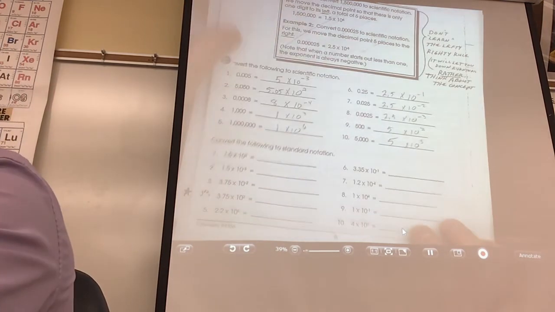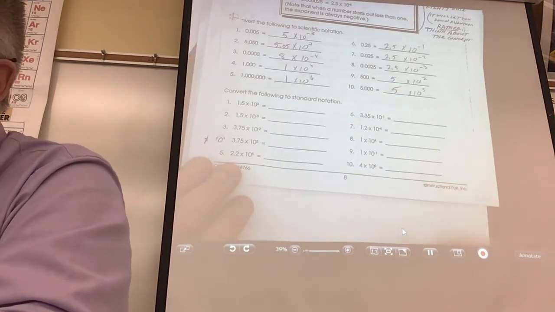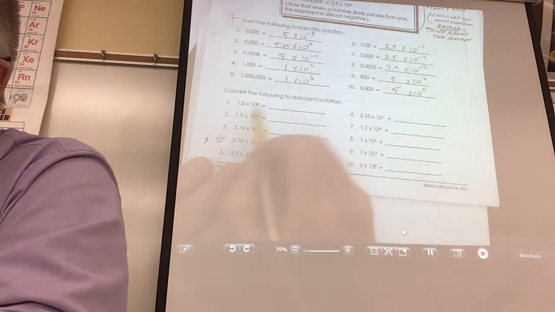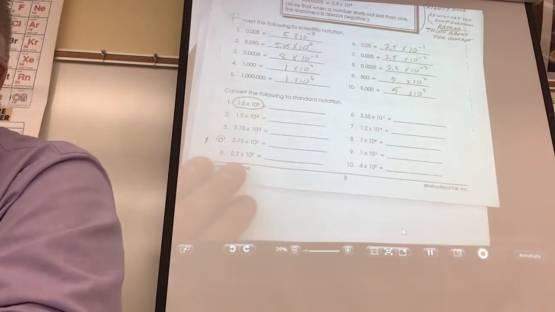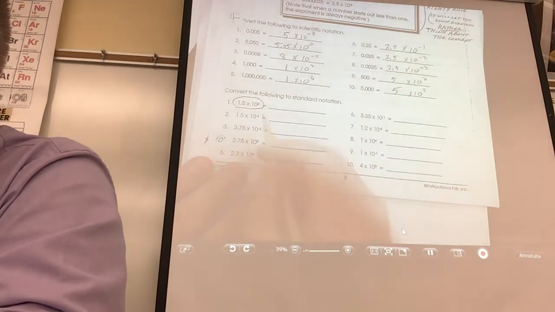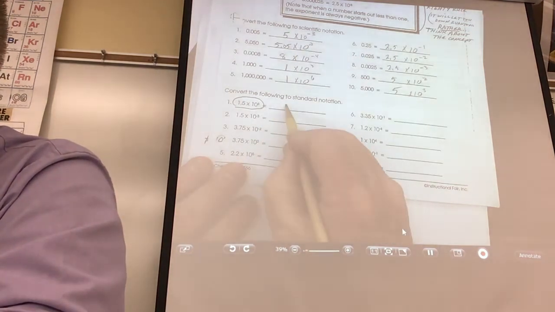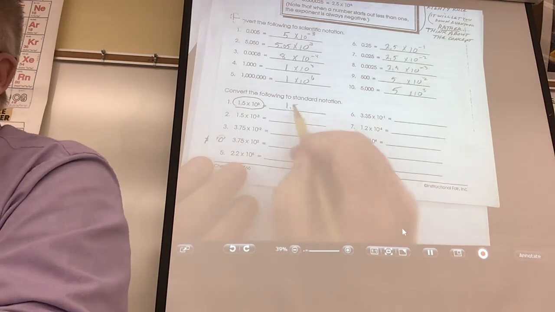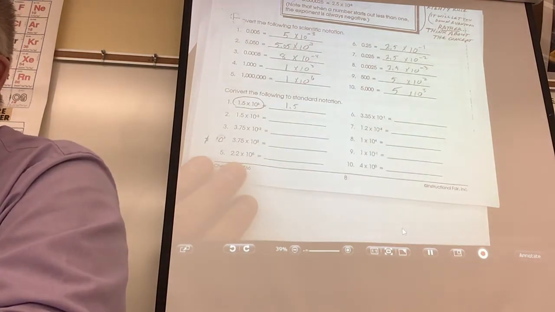So take a look over here, and take a look at number 1. Look right here. Tell me what kind of number that is. Is it 1 or bigger, or is it a decimal? It's bigger than 1, isn't it? Okay. So then I need to move the decimal 3 places. Now you say, which way? Which way do I move it? Move it both ways.